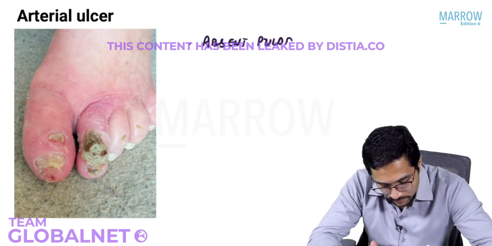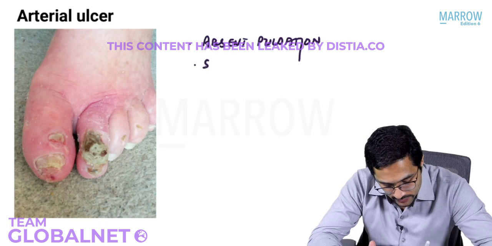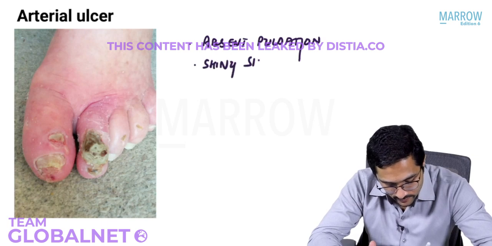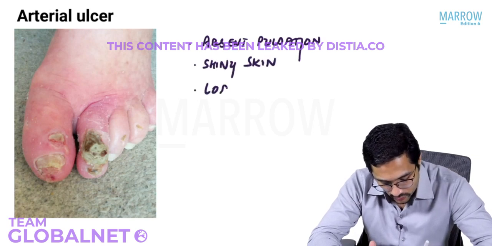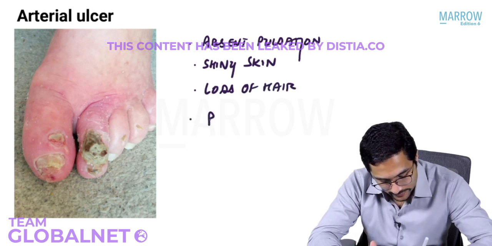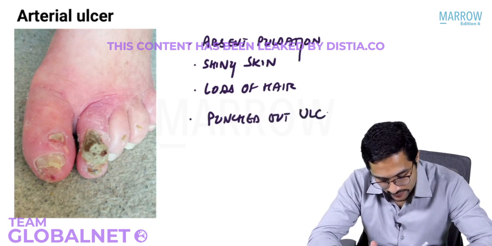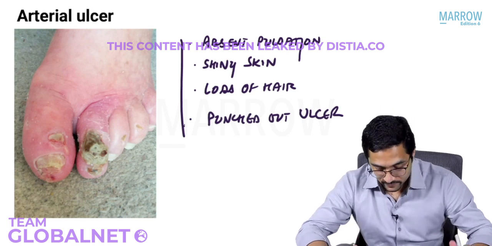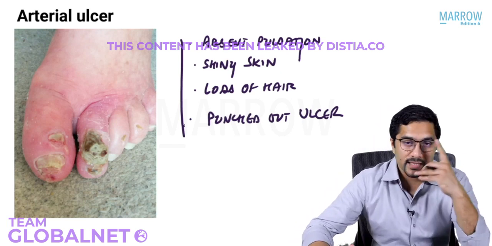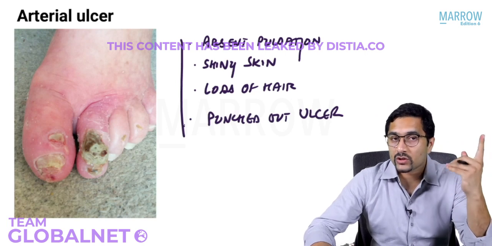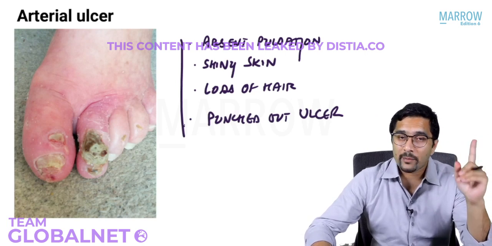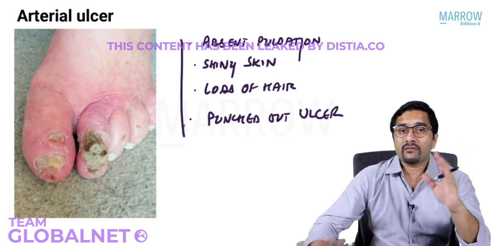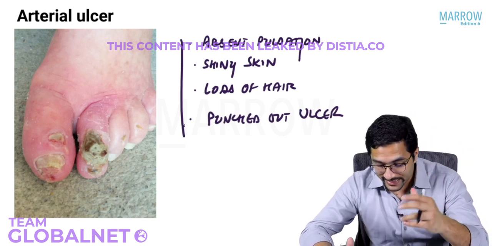There'll be shiny skin, loss of hair, and you will get a punched out ulcer, and there can be gangrenous changes surrounding the ulcer as well. So this is what an arterial ulcer looks like. For more details, you should also see the common ulcer module, where I've also covered diabetic ulcers in great detail.